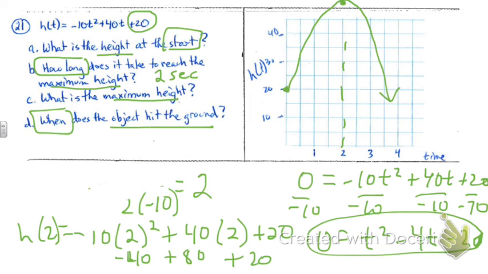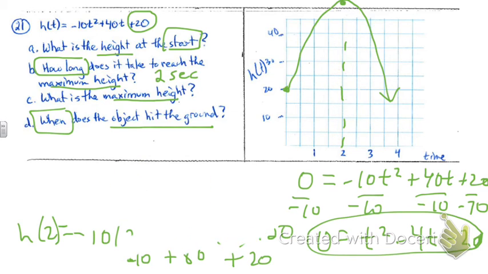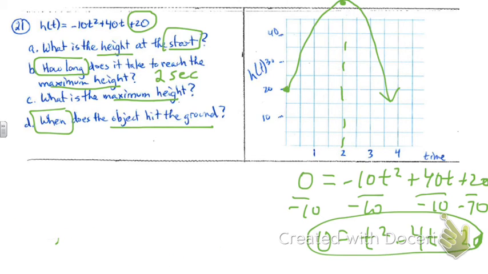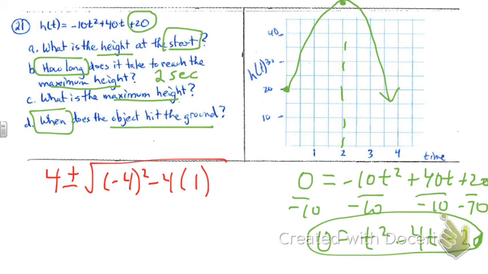And so I need to solve it. Sometimes I can factor it. I know this one doesn't factor, so I'm going to do the quadratic formula. Opposite of b plus or minus square root b squared minus 4 times a times c.